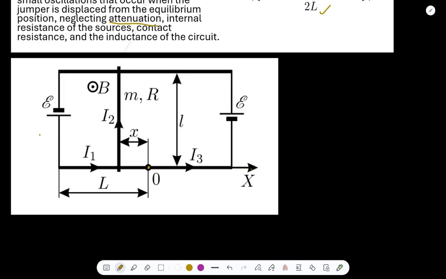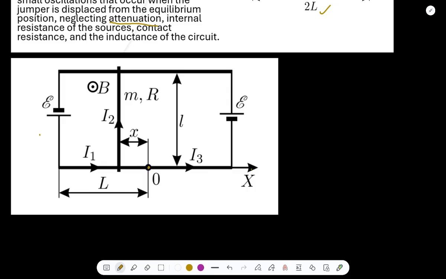And what happens next? So I considered a small displacement of the jumper along the x-axis, and after the jumper moves along the rails by a distance x, current will begin to flow in it. That's right.